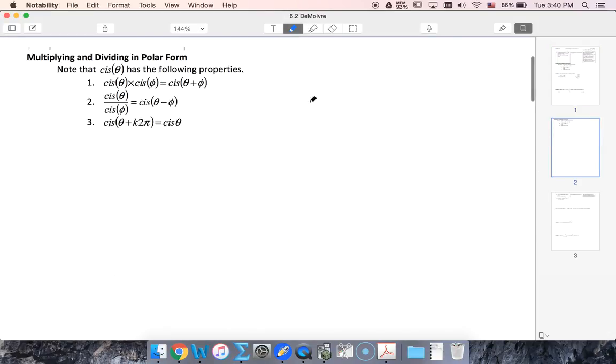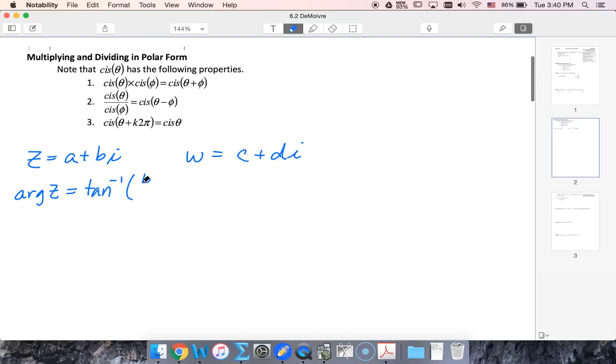So if we look at some complex numbers, let z be a plus bi, and w be c plus di. So we could say that arg z is tan inverse of b over a, and we could call that theta, like above. With w, we could do the same thing.